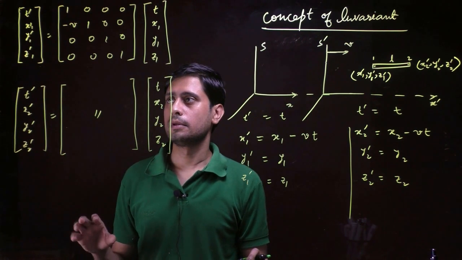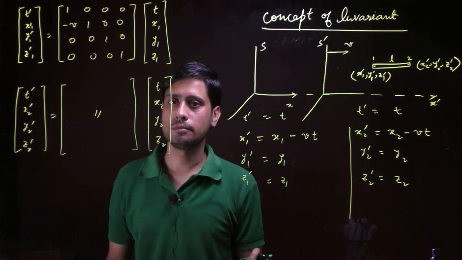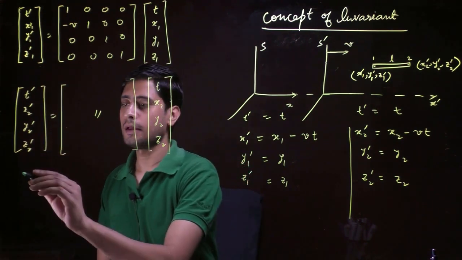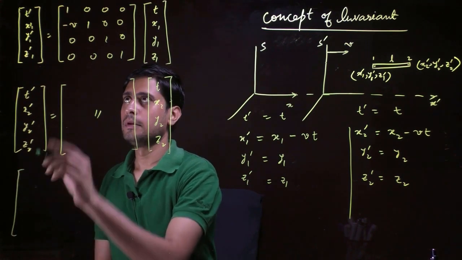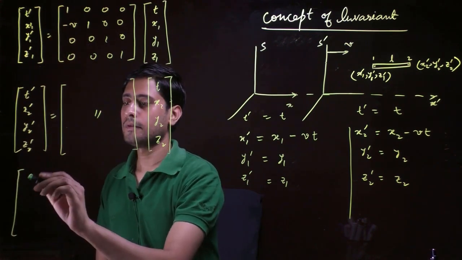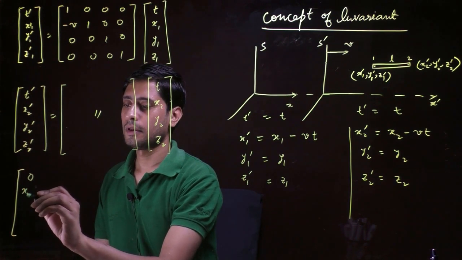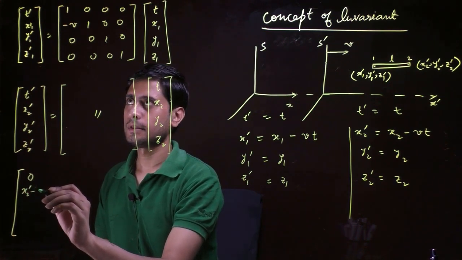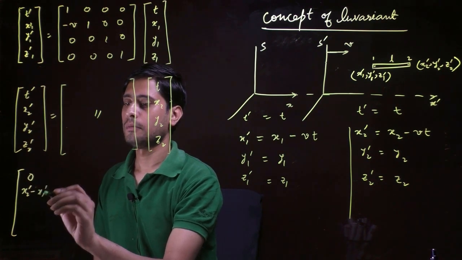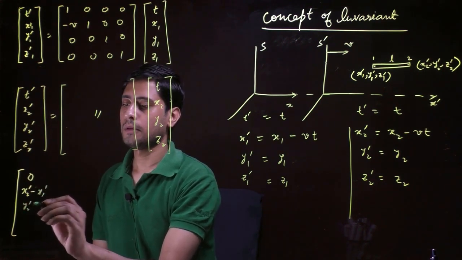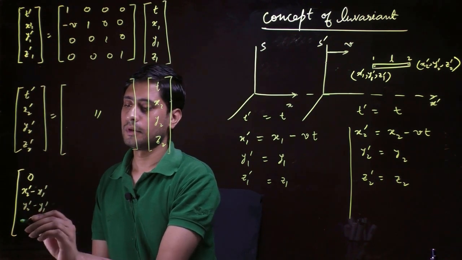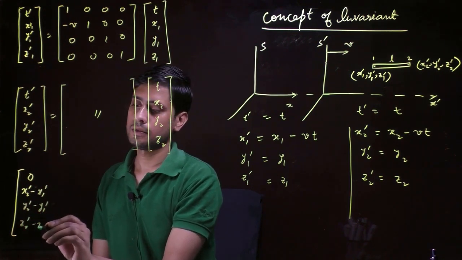Now if we subtract these two matrix equations, t prime minus t prime will be equal to 0, and we have x2 prime minus x1 prime, y2 prime minus y1 prime, z2 prime minus z1 prime.